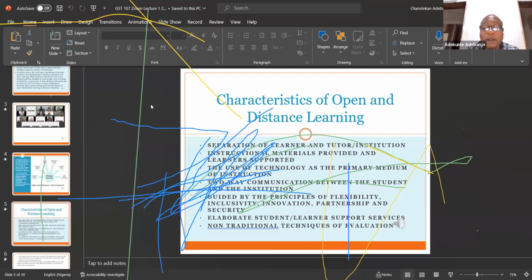And that is why we are guided by the principles of flexibility, inclusivity, innovation, partnership, and security. You see, you are secured. And let me tell you another beautiful thing about this. You don't run around. You might think that what you incur in National Open University is much. Try a conventional university, you will see that you spend more. When you're supposed to be in the class, or when you're supposed to go out, you are in the corner of your house.